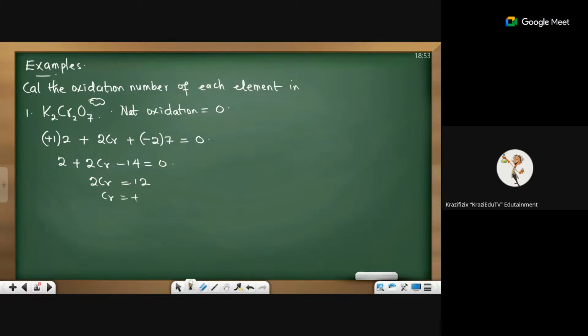Chromium, therefore, is +6. Let's quickly write that. Because the net must be equal to 0.